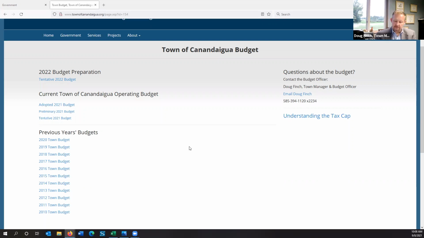Once they have received the budget, they're able to make any changes they want, and they can declare it a preliminary budget. Once they declare it the preliminary budget, they set a public hearing and then hold public hearings on the preliminary budget, whatever is needed, and then they move it forward. They can at any time up to the point where they adopt it make any changes.